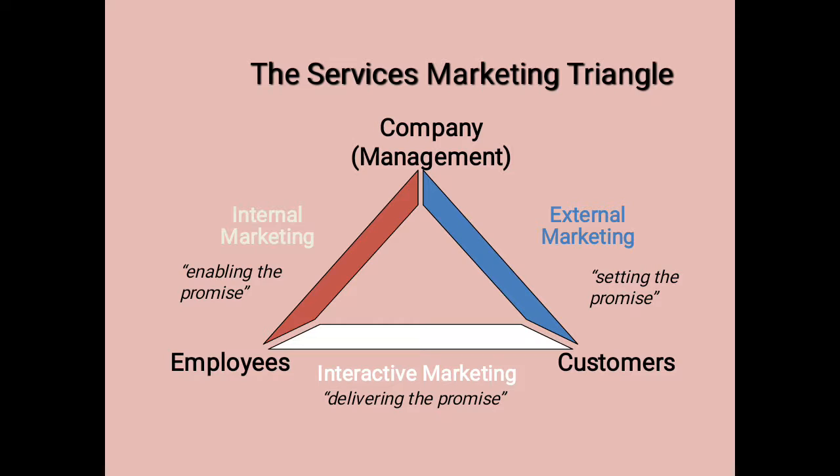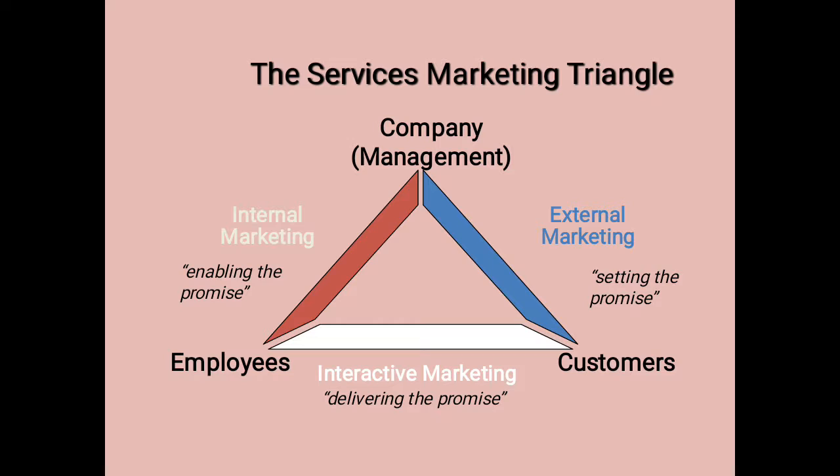After internal marketing, they need to do something called external marketing, where they are directly communicating with the customers via advertisements and other promotional methods. And this external marketing is all about setting the promise.